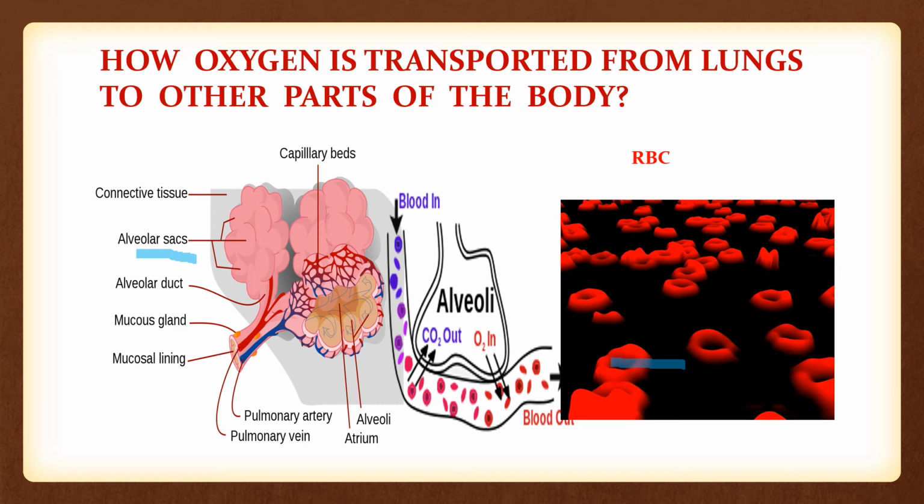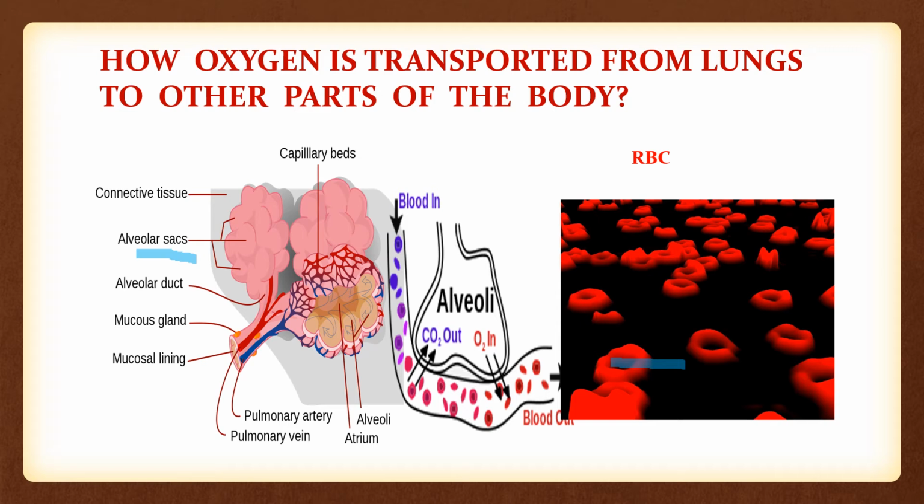So here you see, when the blood is passing through the lungs, oxygen is absorbed by hemoglobin, which gives the red color to the RBC, and at the same time some carbon dioxide is also picked up and transported to the lungs for expiration.